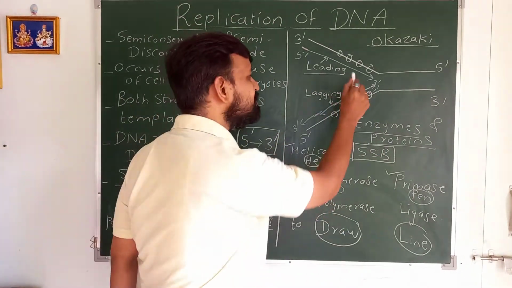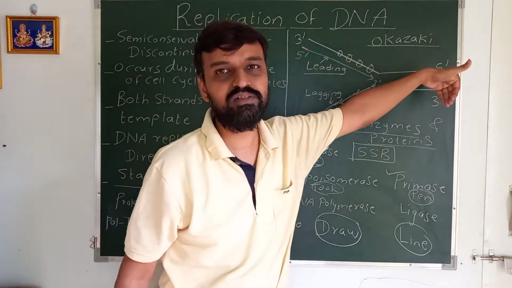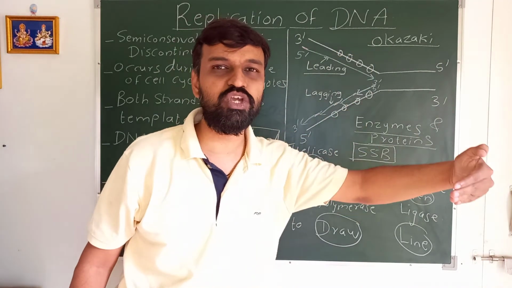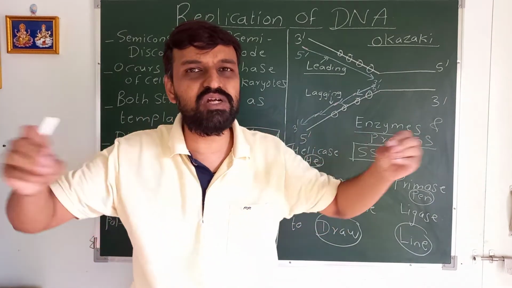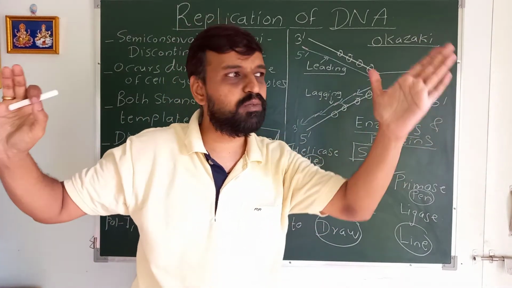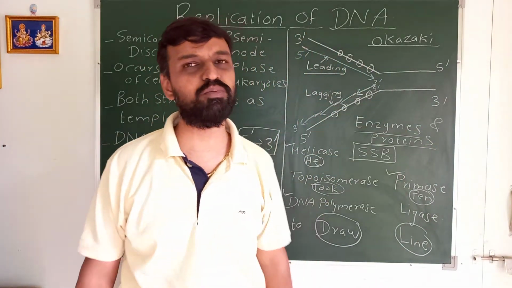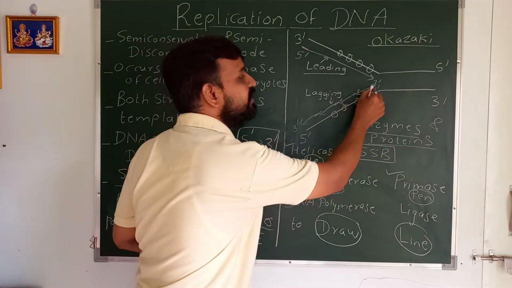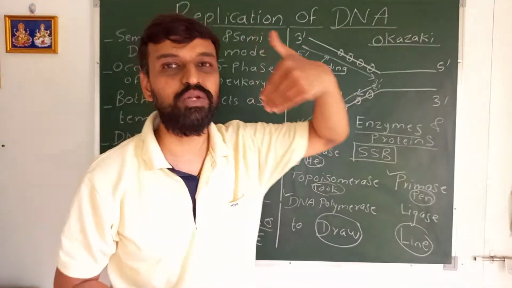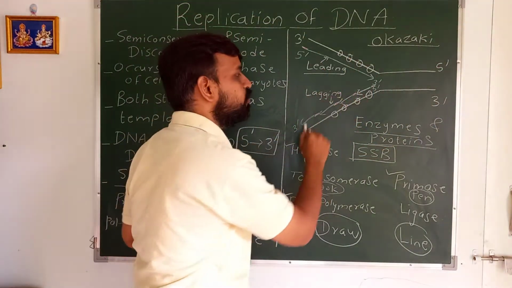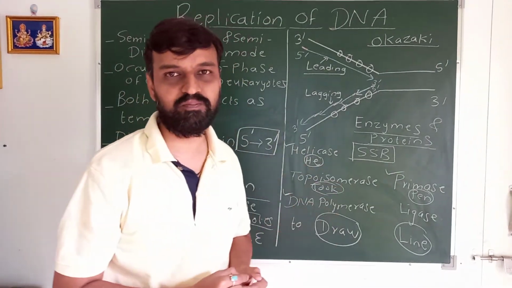So yes, once the full process gets finished, when they come across the terminal point, as I told you, initiation, elongation and termination. At that point, when the total DNA is complete and that much has been replicated, they stop the process: termination. After that, these primers are removed, and later on these Okazaki fragments are joined to each other.